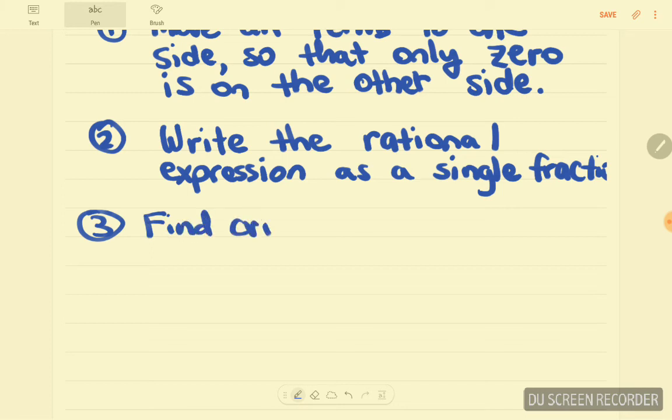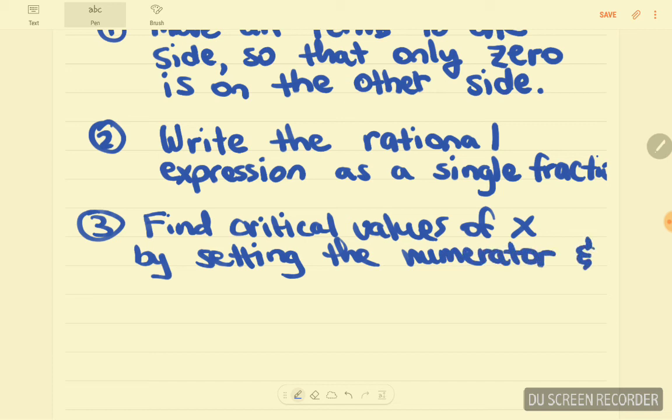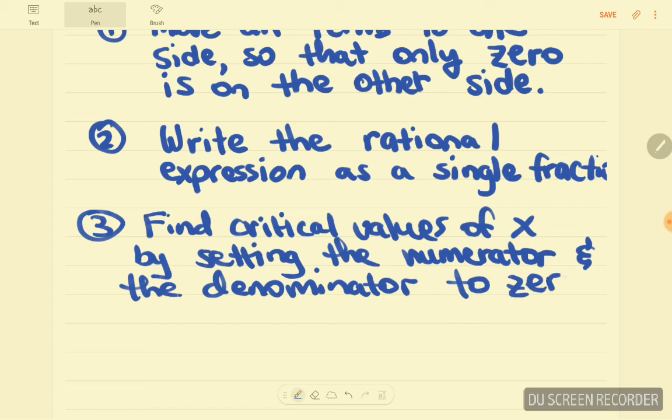Find critical values of x by setting the numerator and the denominator to 0 and solving for x.